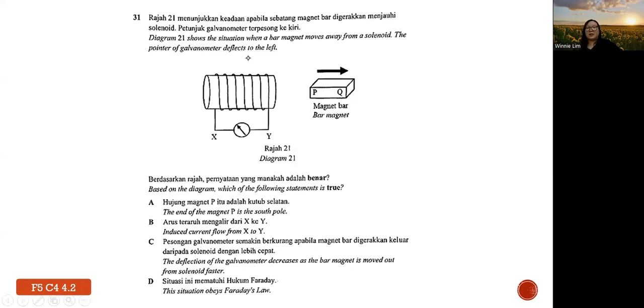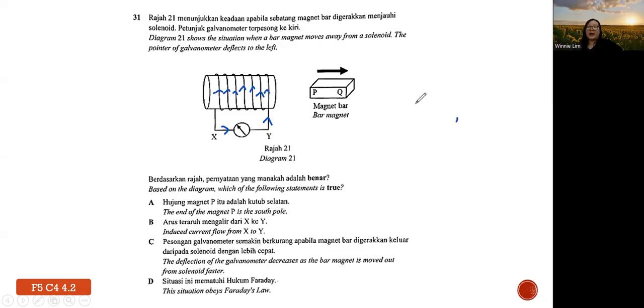First, the deflection shows towards the left, that means your current comes from X. You push it, then it moves to the left. And then we can use the right hand grip rule. Everyone use your right hand. I tell students to complete the arrow on the solenoid first, the current.